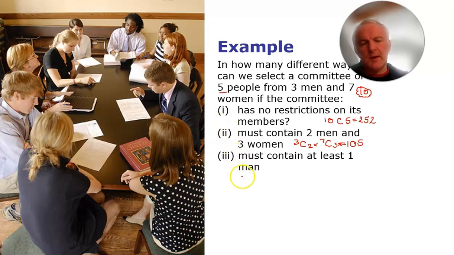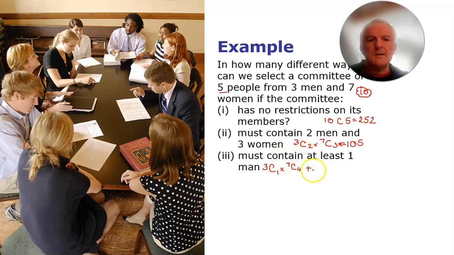They must contain at least 1 man. I suppose I could think about this: it's got at least 1 man, so it could have 2 men or it could have 3 men. So let's just do that. It's probably easiest. Of my 3 men, I could have 3C1 times, well, if I have 1 man, there must be 4 women, so 7C4.